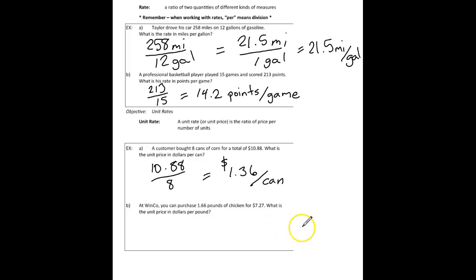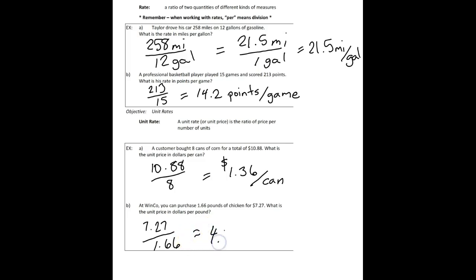Okay? Look at the second one. At Winco, you can purchase 1.66 pounds of chicken for $7.27. What is the unit price in dollars per pound? Okay, so again, we're going to start with dollars here. $7.27. We're going to divide by our 1.66 because that's how many pounds that equates to. And when you divide it on your calculator, this is interesting, so I'm going to put approximately.